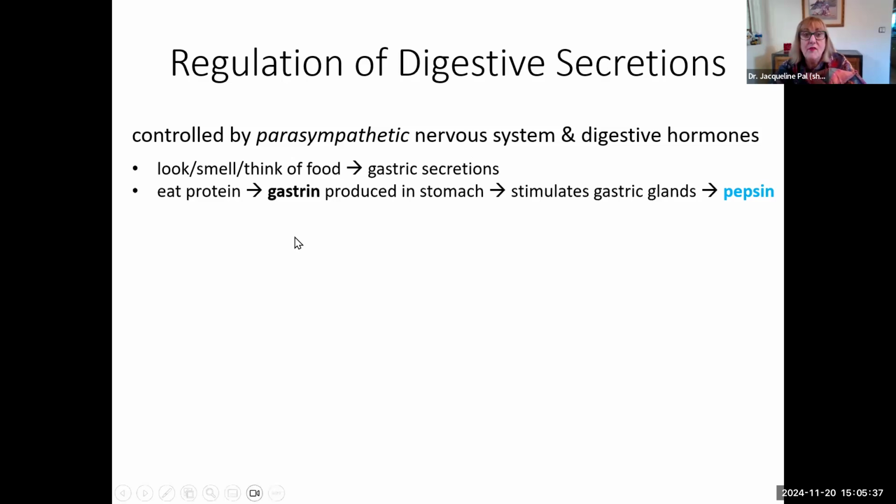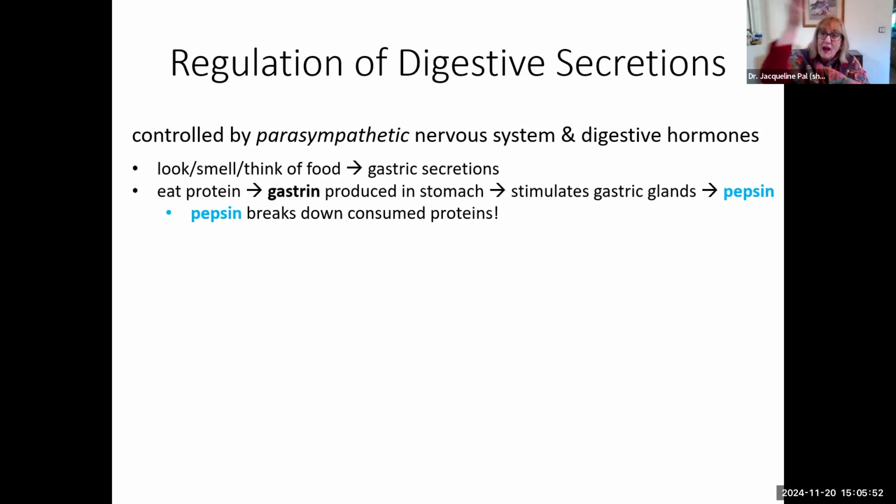And as you recall, the pepsin breaks down the proteins that gave us the gastrin, that gave us the pepsin. So we've done a lovely little circle, haven't we? What started the whole process broke down what started it. A little auto-regulation going on.